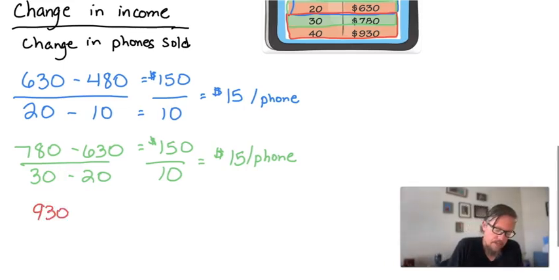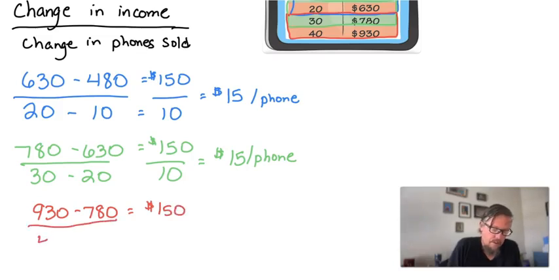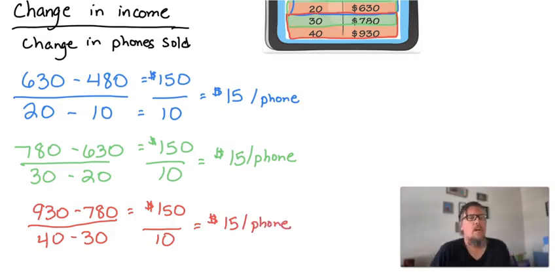So 930 minus 780 is $150. And from 30 phones to 40 phones is 10 phones. So that is also $15 per phone. So doing this math has answered the first two parts of this question for us.